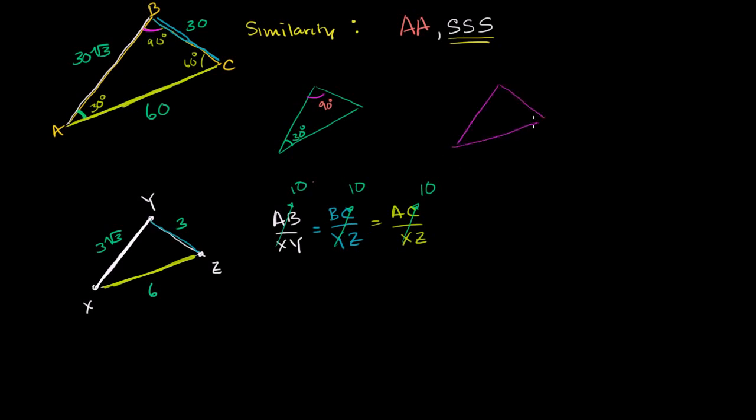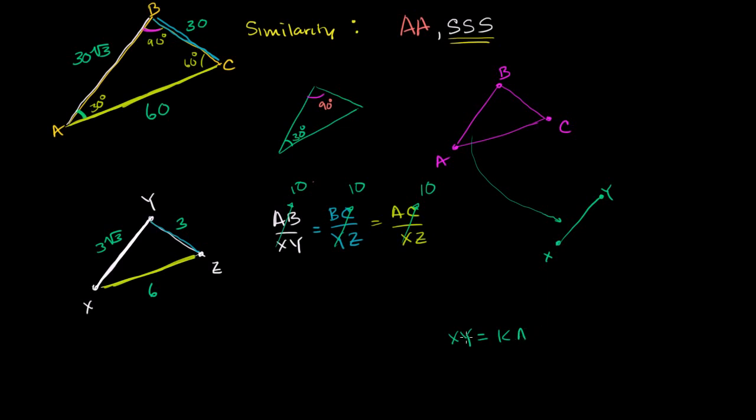So this is A, B, and C. And let's say that we know that when we go to another triangle, XY is AB multiplied by some constant. So I can write it over here: XY is equal to some constant times AB.